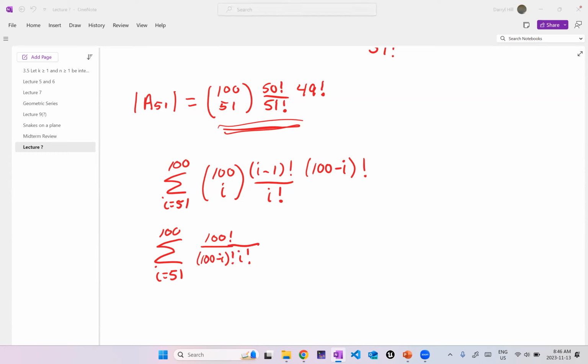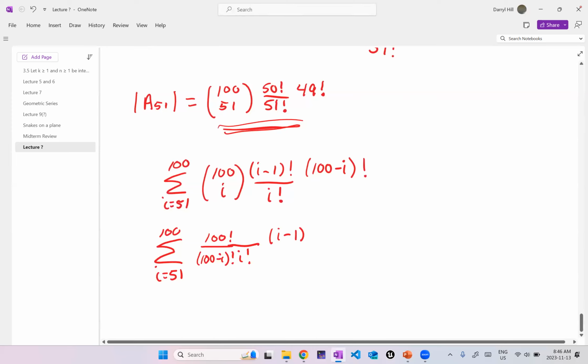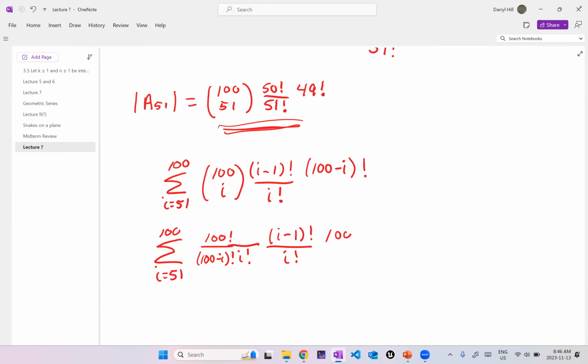Right, and then that is times I minus 1 factorial over I factorial times 100 minus I factorial. Okay, so what I did is I just took this binomial coefficient and I expanded it out using this formula that we know. And then I could start canceling. So this 100 minus I factorial cancels out.